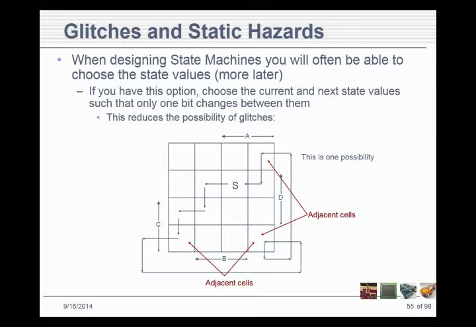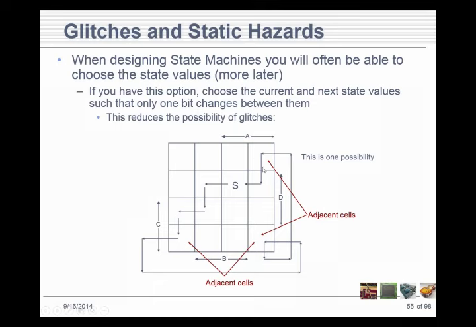So I could move that whole column here. If I wanted to, I could move it over here, and this is adjacent to that, this one's adjacent to that, this one's adjacent to that one, and this one's adjacent to that one. Okay, so moving like this, that's only one cell change, so one bit change. Going from here up to here is a one bit change, but I could have gone from here to here.